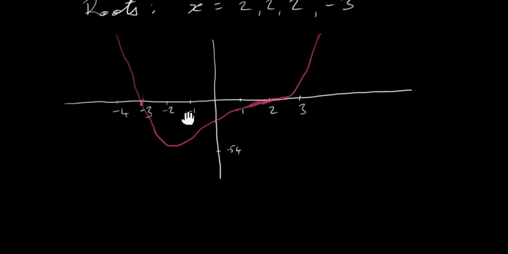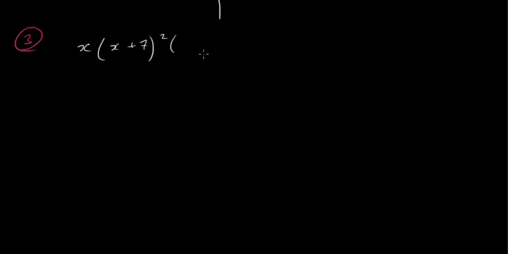Let's have a look at another one. So our third example is this one here. We're going to do x times (x + 7) to the power of 2, times (x + 4), and (x - 2) to the power of 2.